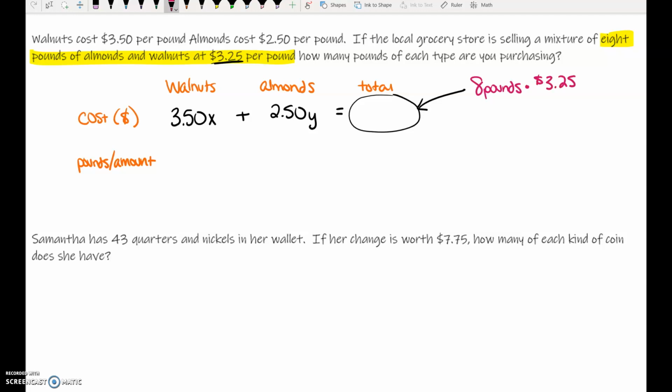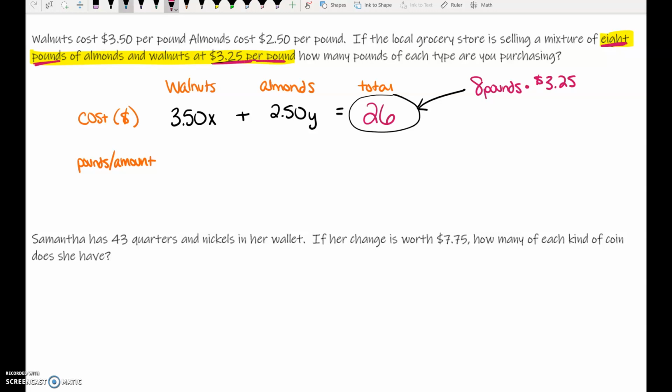What number is that? $26. So this mixture is going to cost a total of $26. We just had to find that number. So that's this 8 pounds times $3.25 per pound. Multiplying those together gave us our total cost for the mixture.